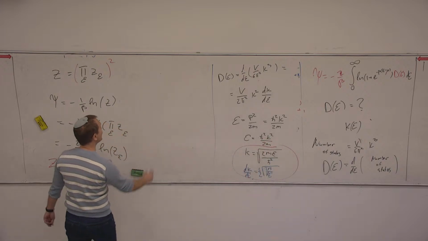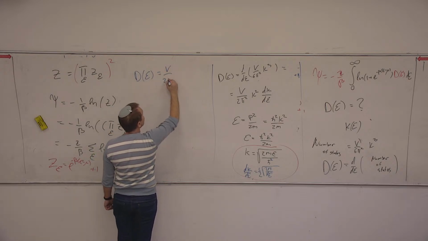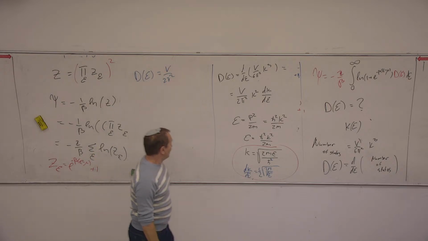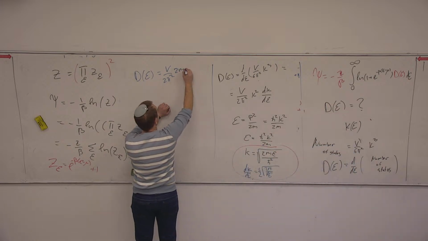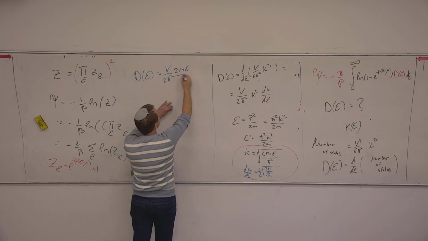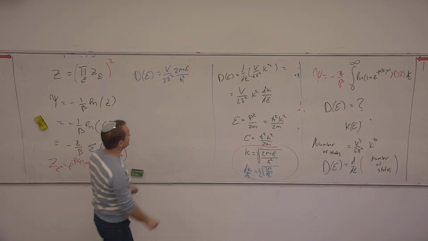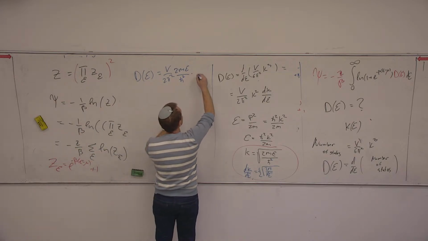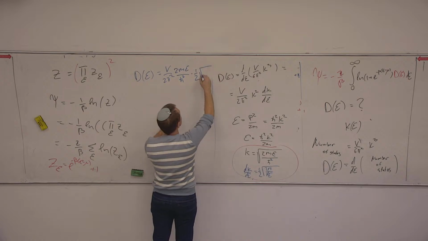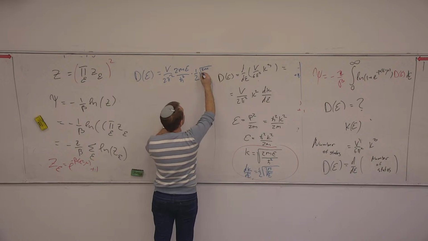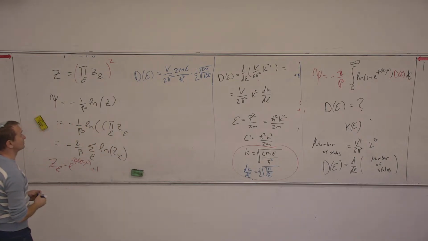Okay, so we plug everything inside, and we have d of ε equals V over 2π², k squared is 2mε divided by ħ squared, multiplied by 1/2 the square root of 2m over ħ² ε.